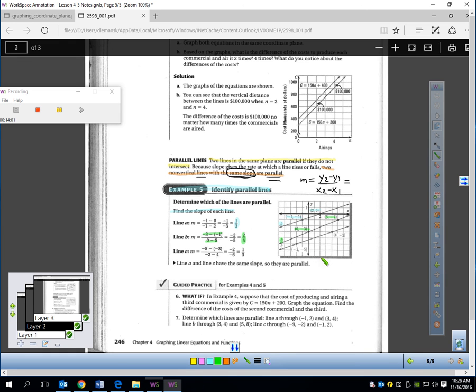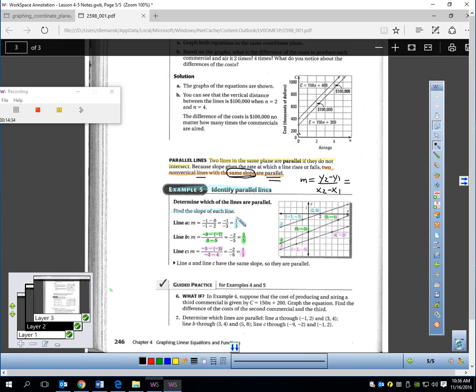Let's now go to line C. For line C, which I'll put in purple, here are the 2 points. They took -5 -3 for the y's. They took -2 -4 for the x's, and they calculated this out and got 1/3.